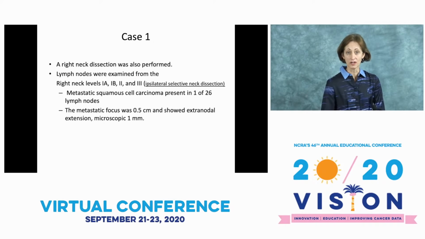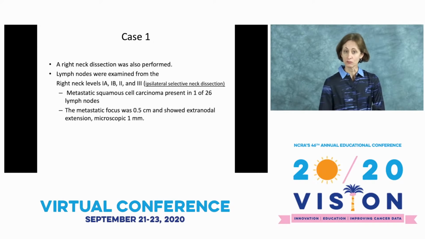So if we continue on, this patient at the time of surgery also had a right neck dissection. They removed levels 1A, 1B, 2, and 3. Since it's a right neck and it was a right-sided tumor, we're ipsilateral, and this would be called a selective neck dissection because they did only some levels. When we examined them under the microscope, we found 1 of 26 lymph nodes had metastatic squamous cell carcinoma.